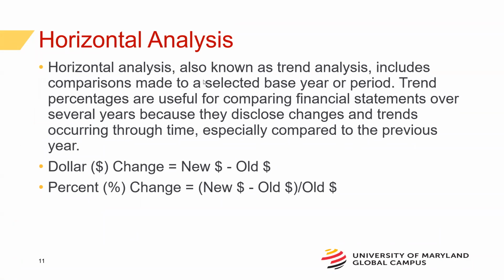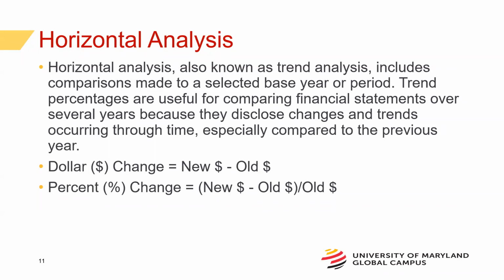These trends tell us the percent changes in each category year over year to help us make decisions based off of these changes. And to compute these changes, we do it in both dollars and percentage.